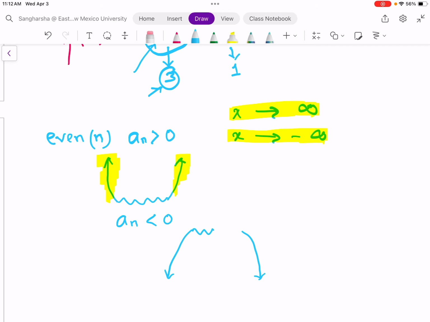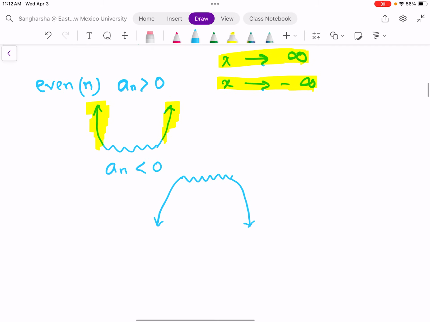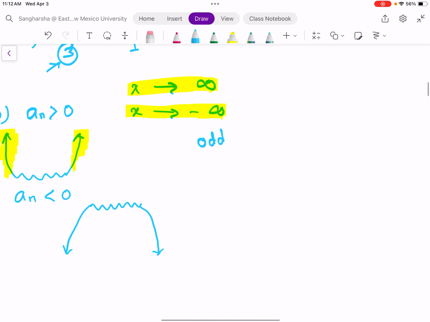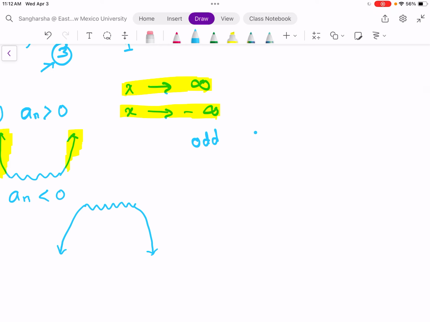Next, if the degree of a function is an odd number like 1, 3, 5, 7, and the coefficient of the leading term a_n is greater than 0, this is the graph we get on the left side, and this is the graph we get on the right side. We are not interested in the middle here.